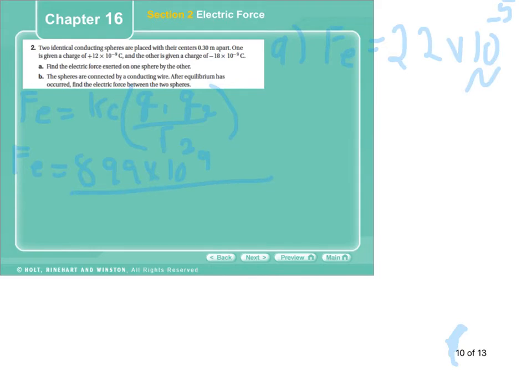Here, looking like I got our units of meters and coulombs, so we don't have any conversions to do. Times charge of one of them is 12 times 10 to the negative 9th. Charge of the other one is negative 18 times 10 to the negative 9th. And we divide it by R squared.